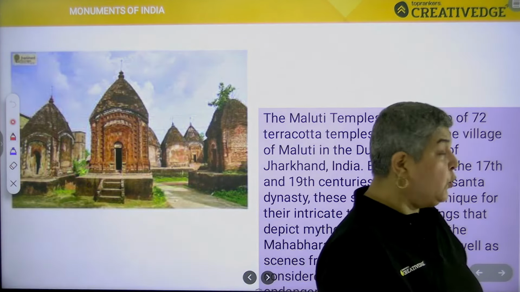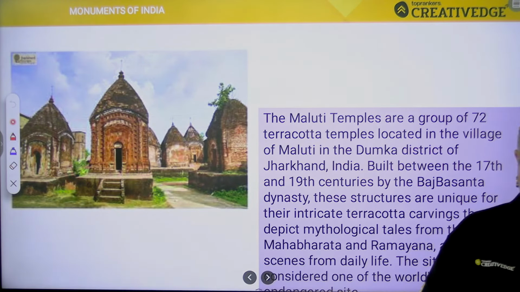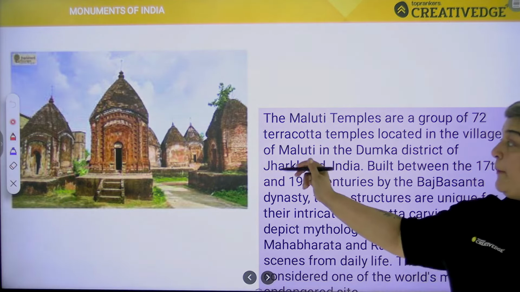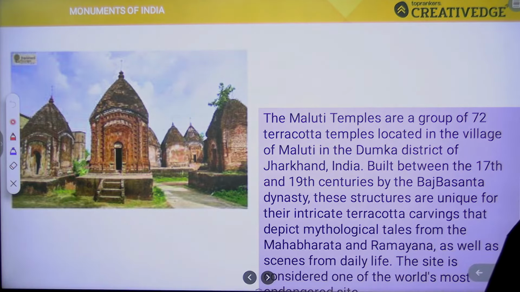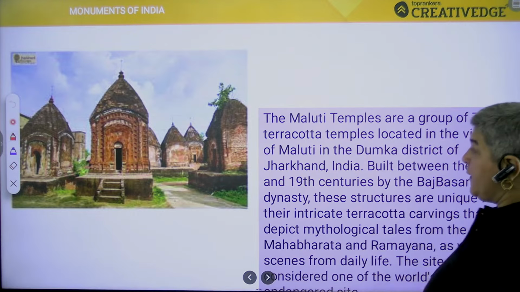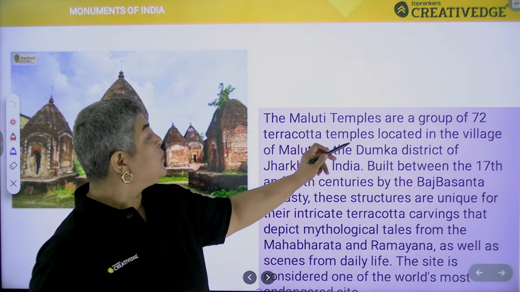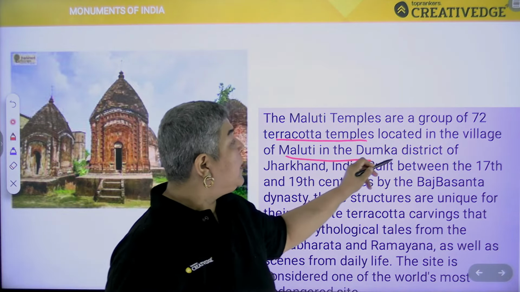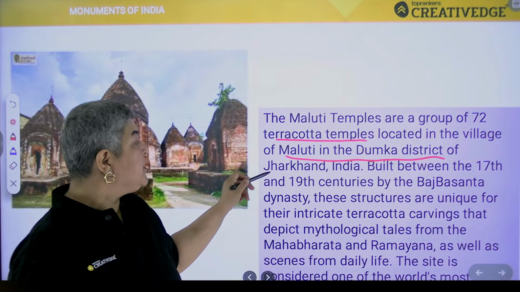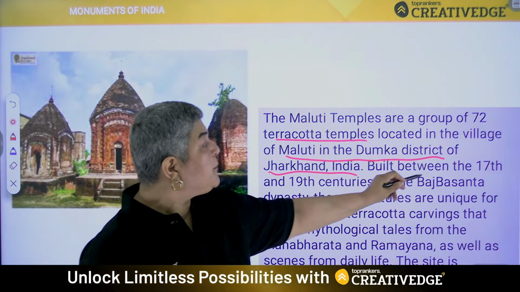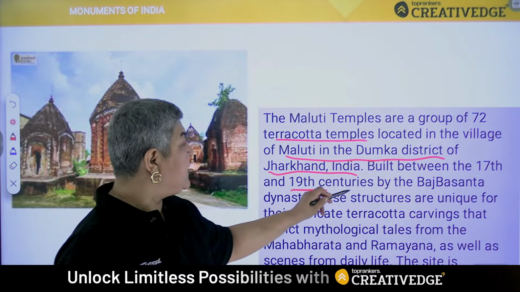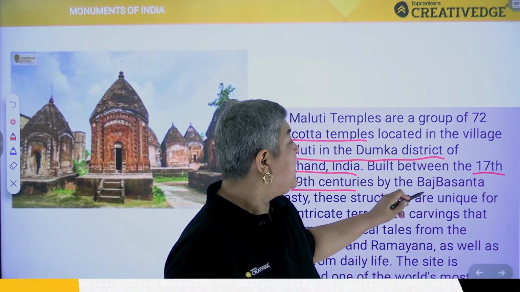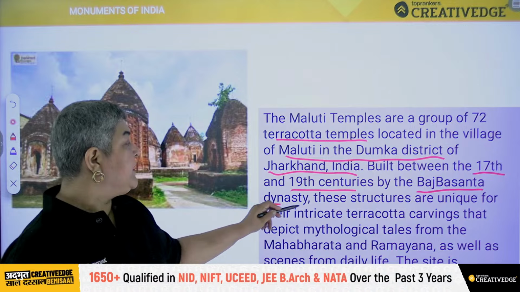Please have a look at the Maluti temples, guys, and also read a little bit of information related to it. They are a group of 72 terracotta temples located in the village of Maluti in the Dumka district of Jharkhand, India, built between the 17th and 19th centuries by the Baj Basanta dynasty.